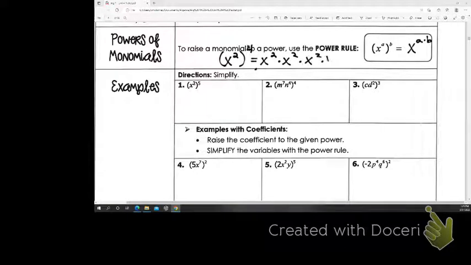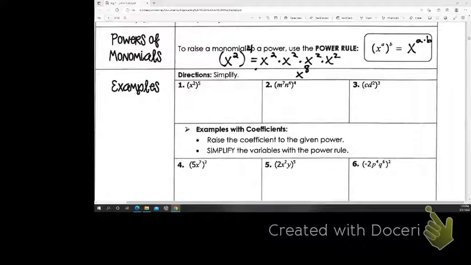So if I wrote x to the second times x to the second times x to the second times x to the second, we could use the product rule, and we would add all those 2's together, 2 plus 2 plus 2 plus 2, and we would get 8. So we could force it into being the product rule, and what we would find is that we get 8.